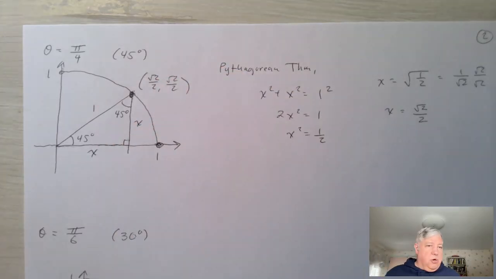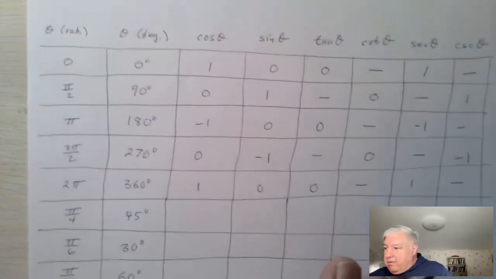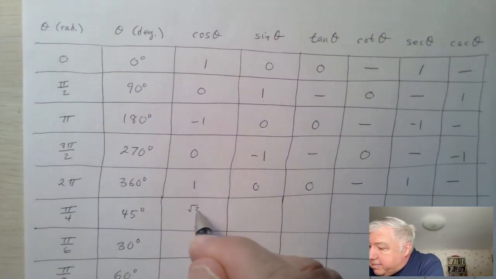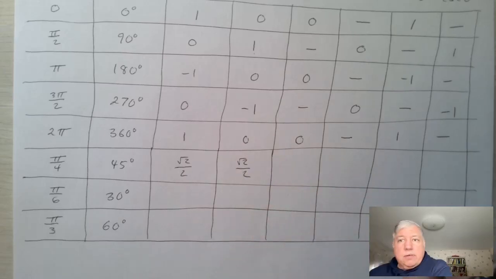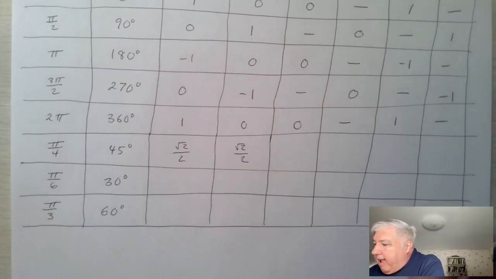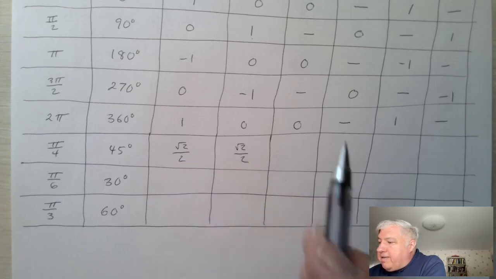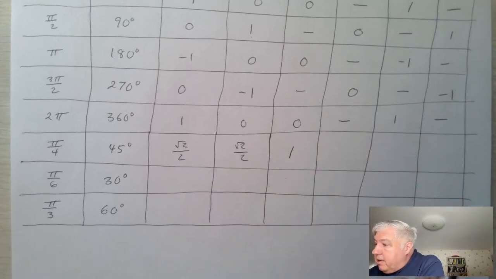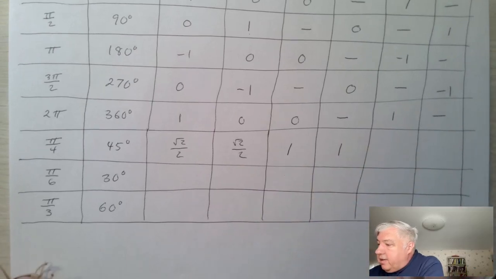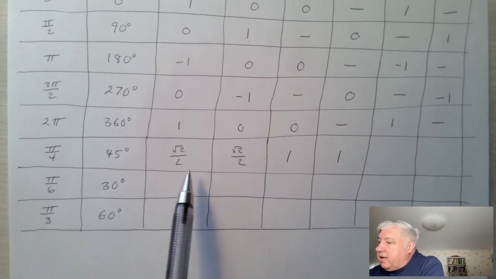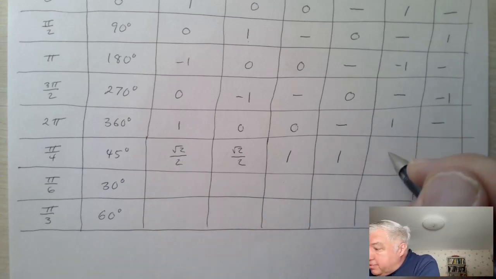Okay, so the sine and cosine are equal when theta is 45 degrees. Okay, and then this and this are the same, so this divided by this is going to be 1. The reciprocal of 1 is 1. Okay, and 1 over the cosine is 2 over square root 2.